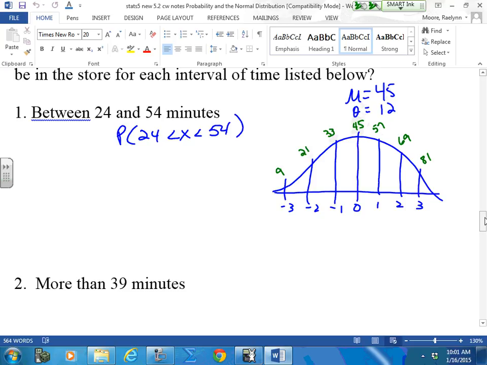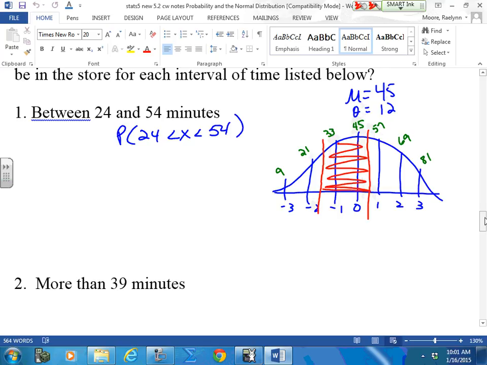So now we know where our minutes are. So we can see if x is 24, we want approximately from here somewhere to 54, approximately from here. We want this big chunk, and as Oliver said, that looks like it's going to be a good size probability. Isn't that a big part of my curve? A very big part of my curve.